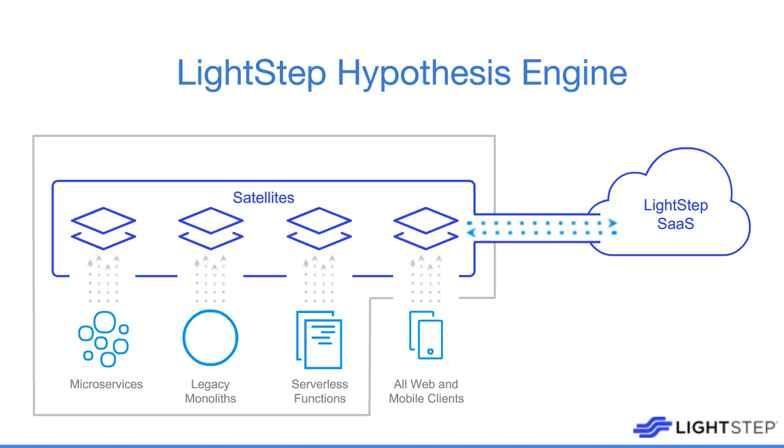And then 100% of that data is analyzed by LightStep. So we're able to create aggregate statistics for your golden signals, such as latency, operation rate, error rate, things like that. We can also ingest data from other tracing tools like Jaeger or Zipkin. We can ingest data from mobile clients.